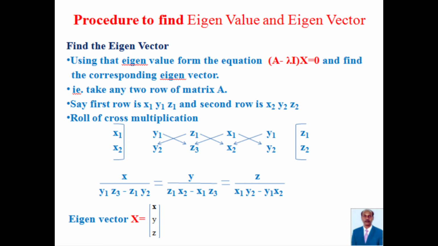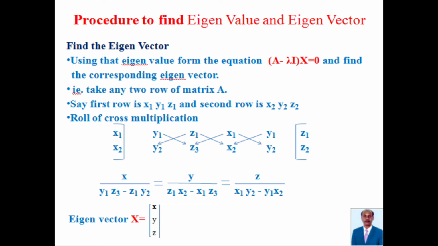For the first variable, we consider y1 z1 and y2 z2, and cross multiply: y1 z2 minus z1 y2.